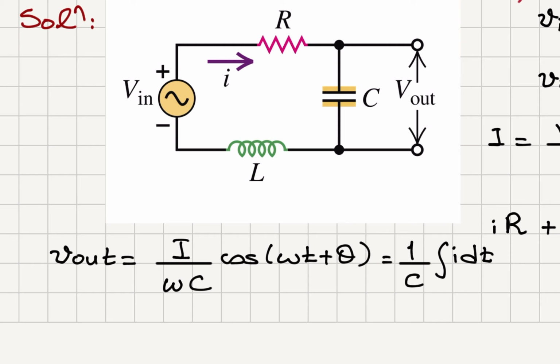So we can see that the current that flows through the circuit as a function of time is C dVout dt, or C dVc dt.